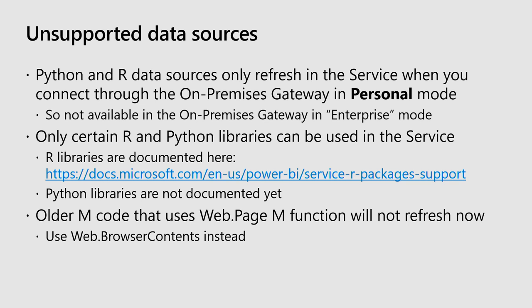And then finally, there are maybe some cases where older M code simply doesn't work anymore. Web.page is probably the most important example. So in the past, when you got data and scraped a table of data from a web page, there was an M function that was generated in the background called web.page. Now, this, for whatever reason, had some security issues.